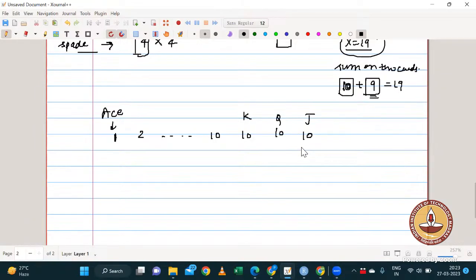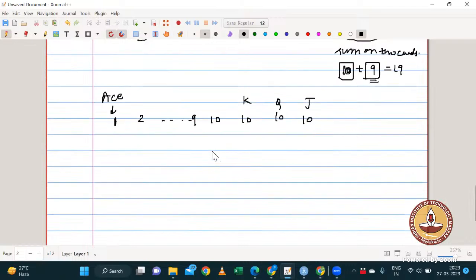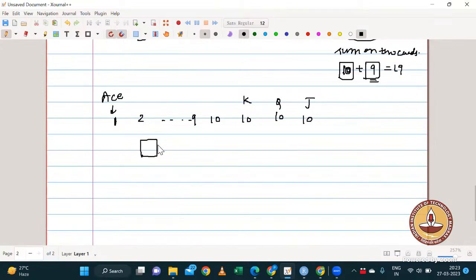So there is one card with number 9. So for getting the sum, let's say for 10, this is the first card and this is the second card. To get the 19, how many? So there are 4 cards in a single suit, right?